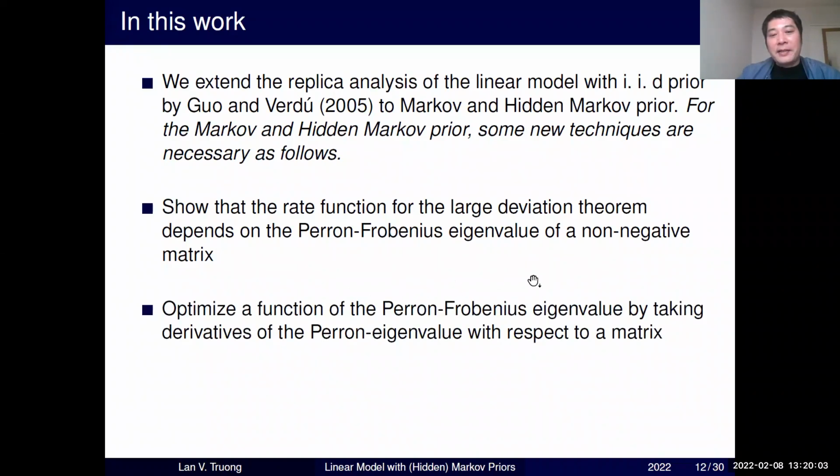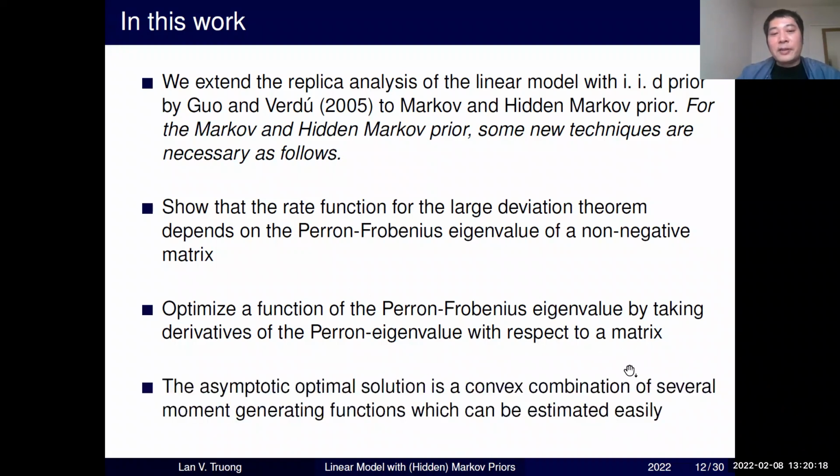Then we optimize this function of the Perron-Frobenius eigenvalue, so we need to take the derivative of this eigenvalue with respect to a matrix. We also use some mathematical analysis. For example, we show that the asymptotically optimal solution is a convex combination of several moment generating functions, and all these moment generating functions we can estimate more easily.